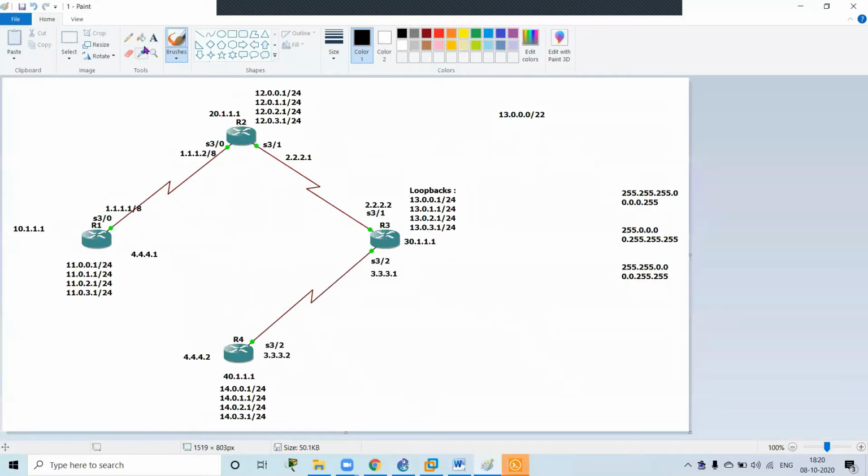Here is my topology. My plan is that this loopback will be running in EIGRP.